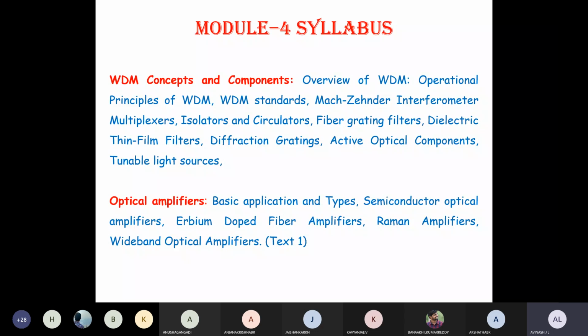These are the topics we are going to discuss in module number 4. You can just go through it.